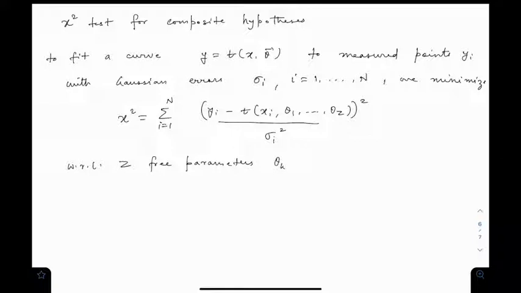The distribution of chi-square in the general case, where z parameters are adjusted, follows a chi-square distribution with n minus z degrees of freedom.